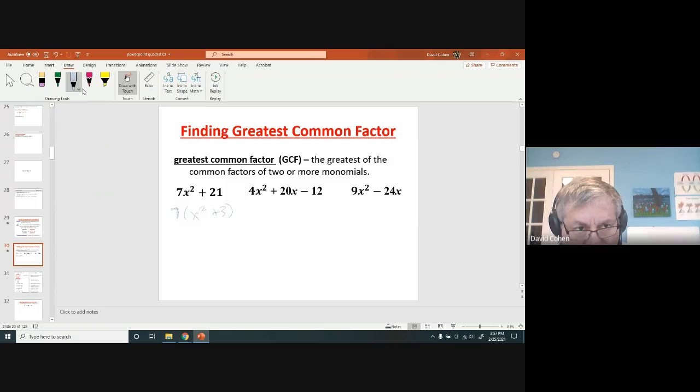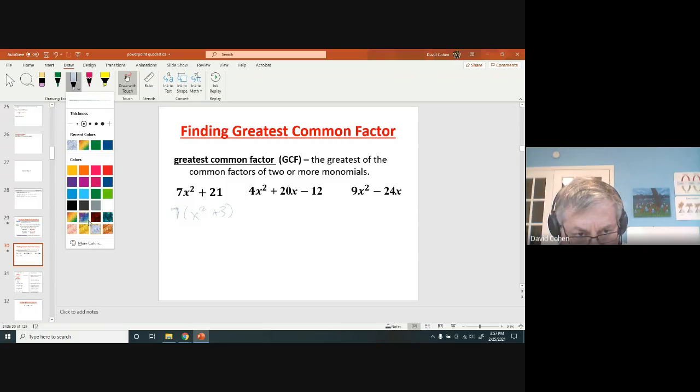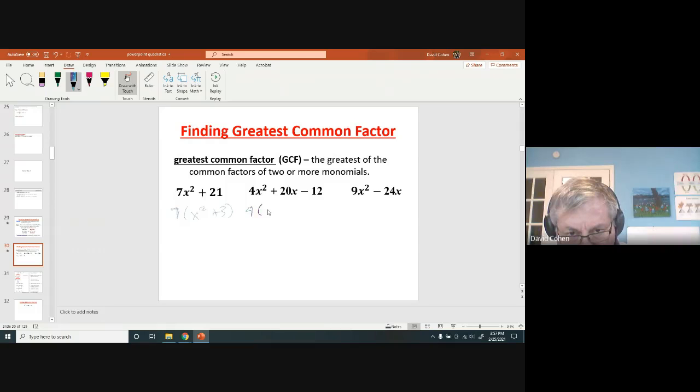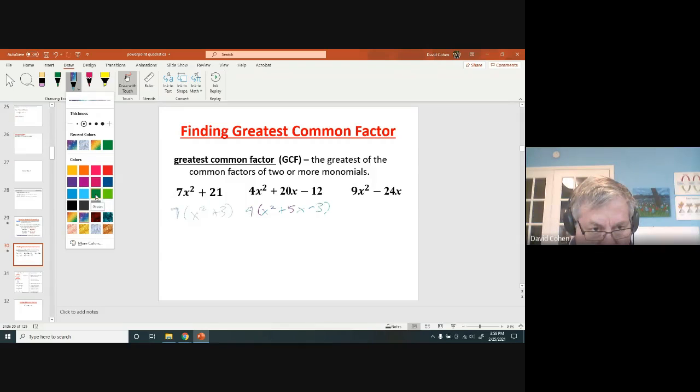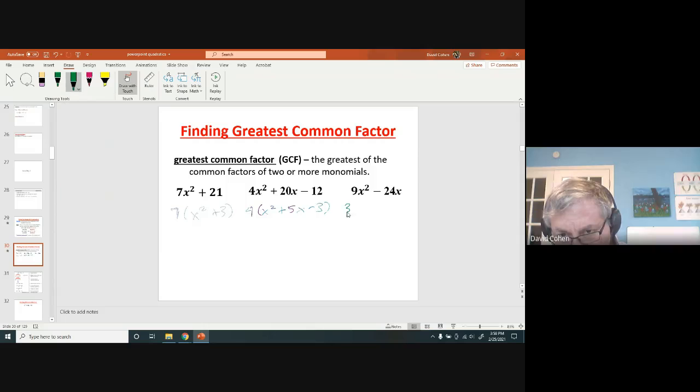The second one, we're going to take a 4 out of that, and it's going to be x squared plus 5x minus 3. And for our third, I'll have that 3x out of there for you. 3x on the outside, 3x on the inside, minus 8.